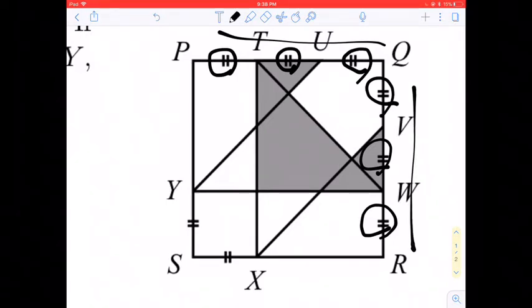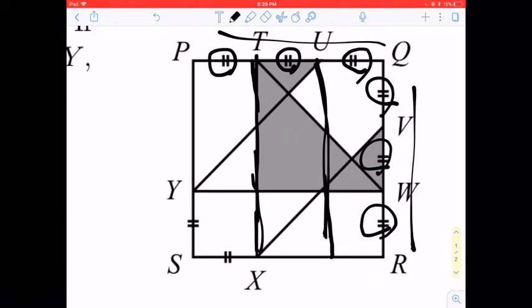And remember that it's a square, so the horizontal length is equal to the vertical length.